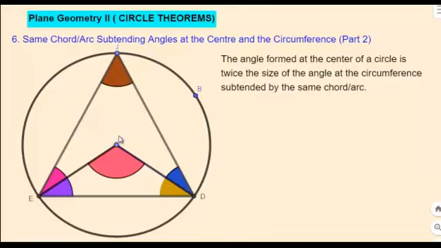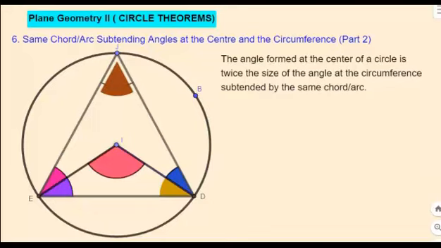So, if you want to get the angle at the center, and you know the angle at the circumference, just multiply the angle at the circumference by 2. And if you know the one at the center but you don't know the one at the circumference, just divide the one at the center by 2, or multiply it by half, to get the angle at the circumference.